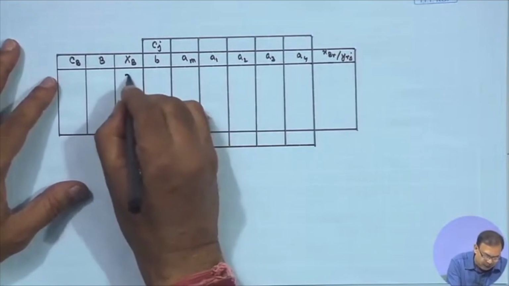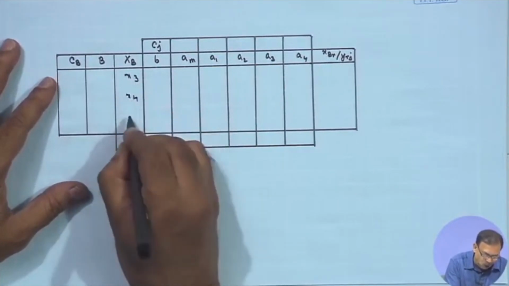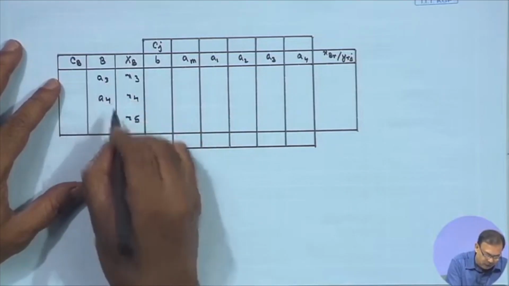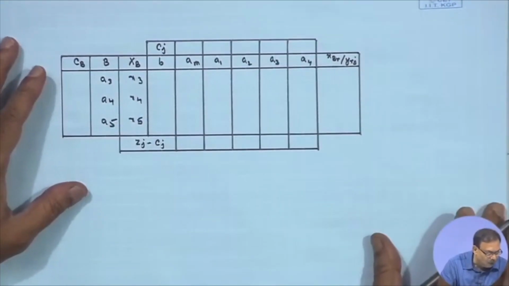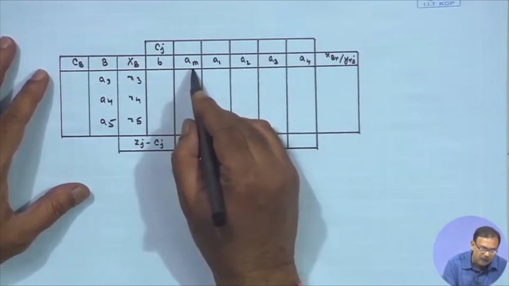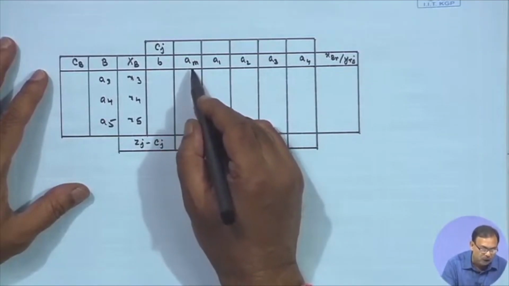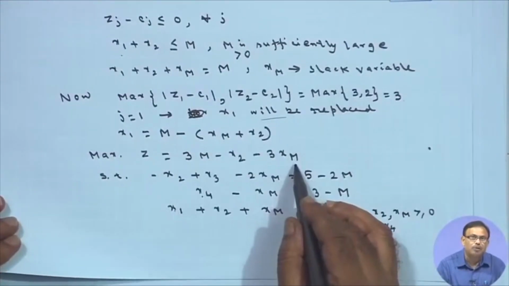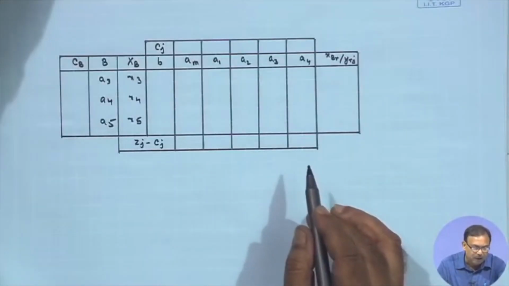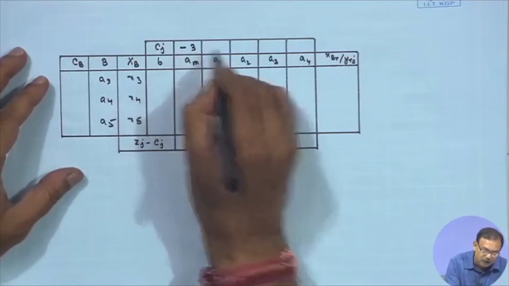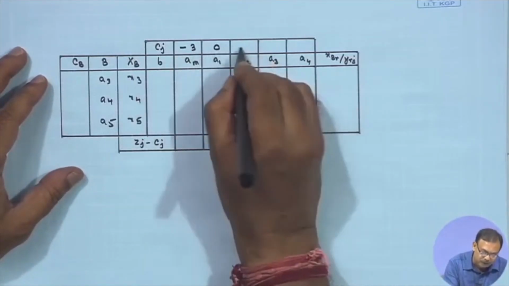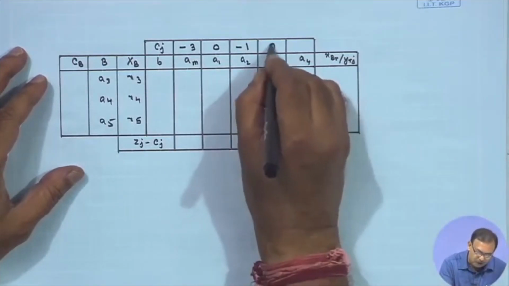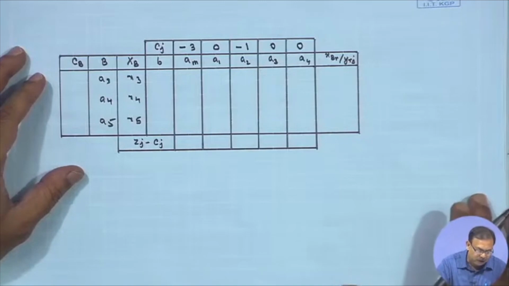So, I will have x 3, x 4 and x 5. So, here it is a 3, a 4 and a 5. The values of a m I have written at first; a m corresponds to this x m that I have written first. So, minus 3, 0, for x 2 it is minus 1, then for these two, which are not present, it is 0.